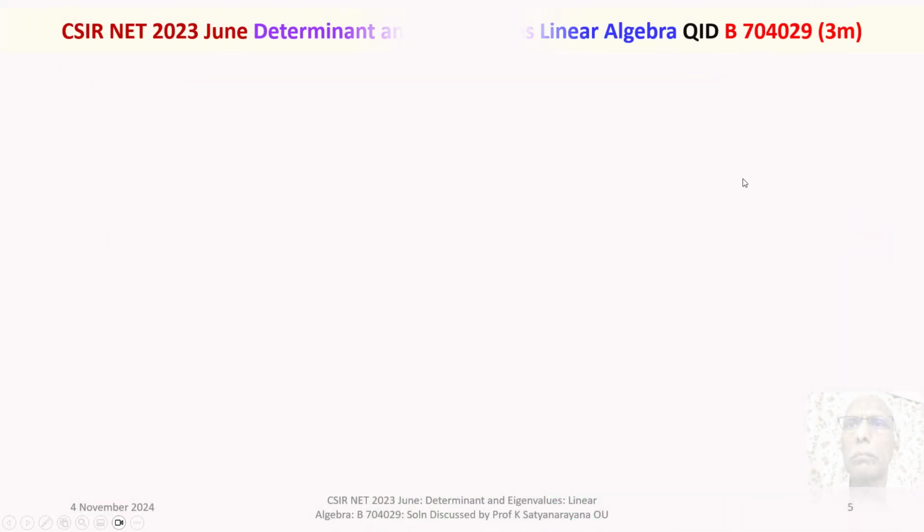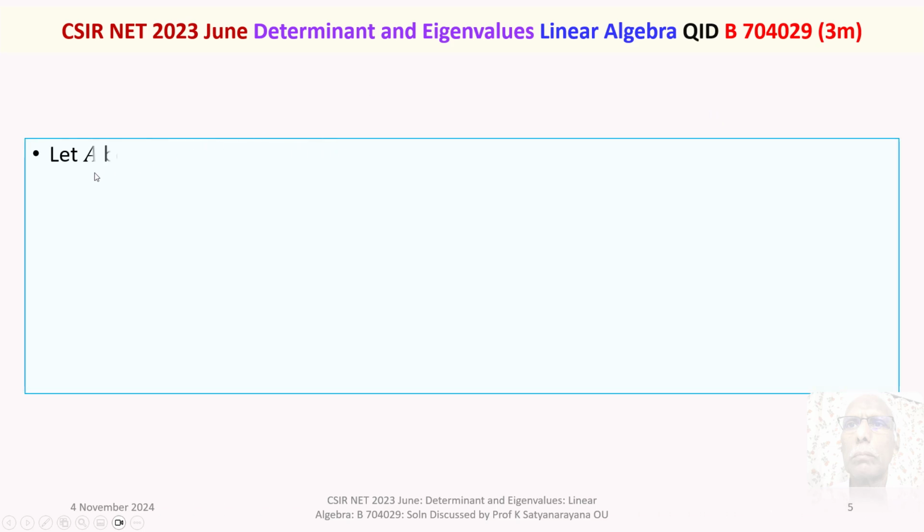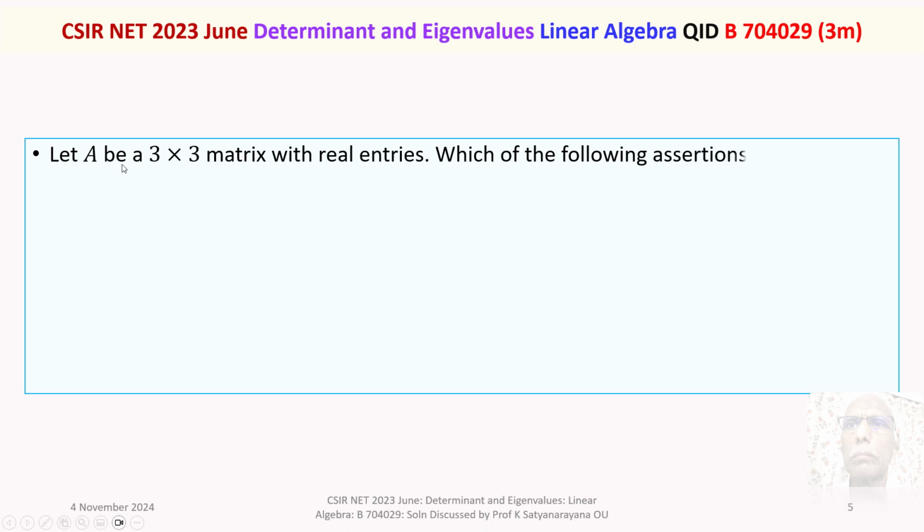Right. The given question is, let A be a 3 by 3 matrix with real entries. Which of the following assertions is false? We are given 4 options. Option 1, A must have a real eigenvalue.